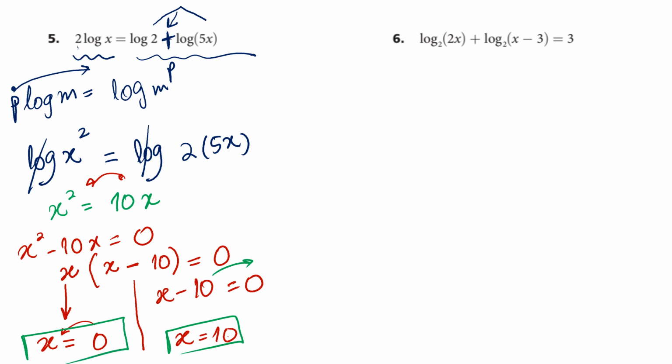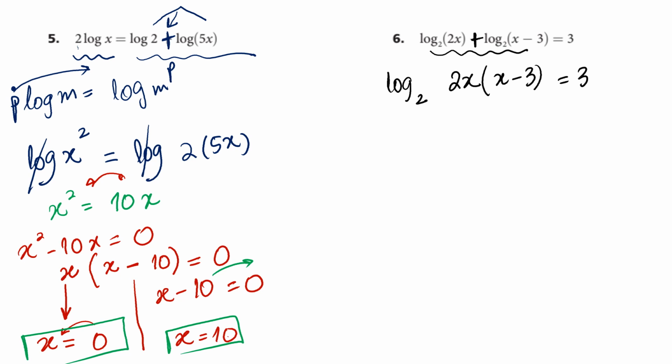Next question. Here again you have the logs. There are two logs separated by a positive sign. So you write them as a single log. So log base 2 and multiply them. 2x times x minus 3 equals to 3.